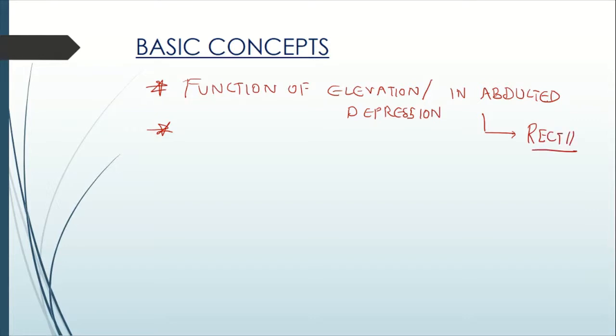If I ask you which muscle causes elevation in an abducted eye, remember that it will be the superior rectus, whereas for depression it will be the inferior rectus. Understood? In an abducted eye, elevation or depression is a function of the recti.